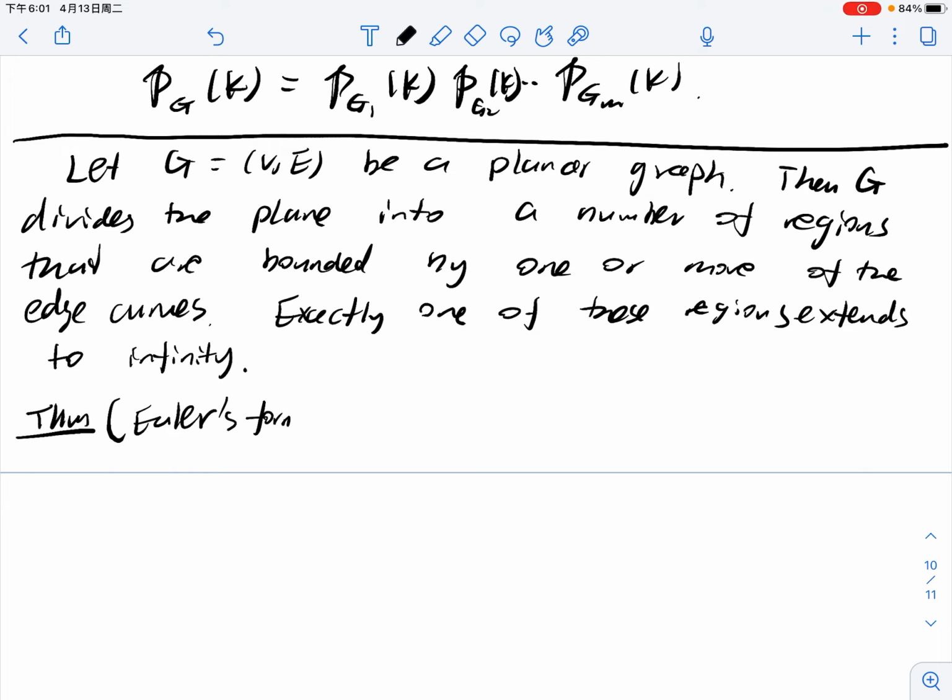This also can be generalized to, or can be restated for the polygons. Probably you already learned in high school.